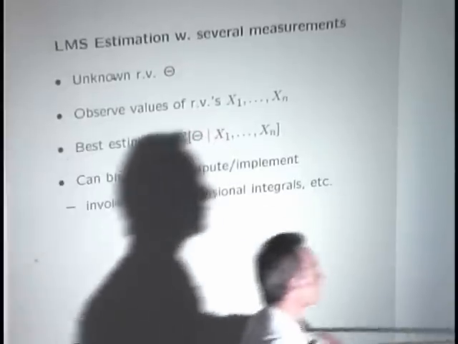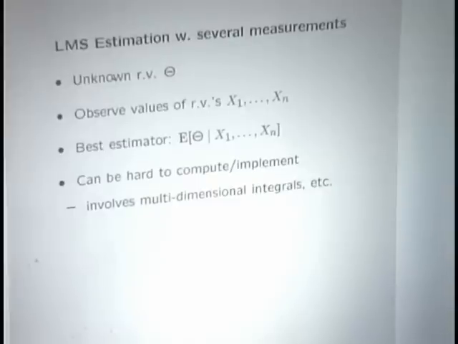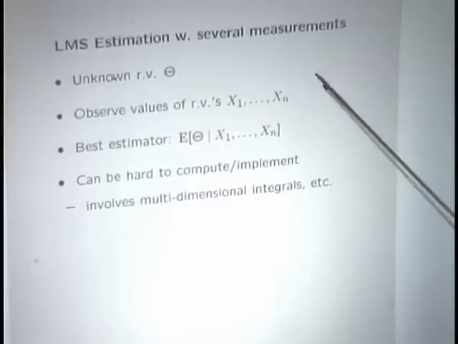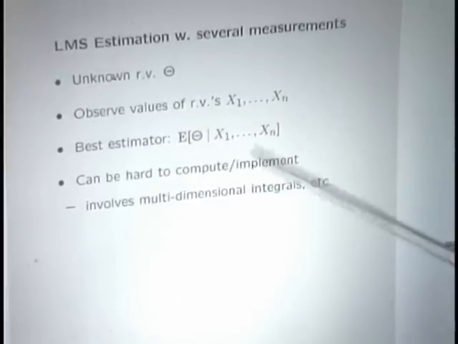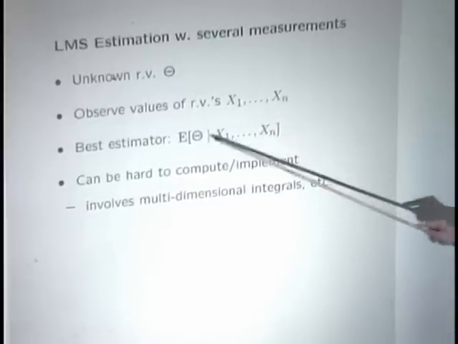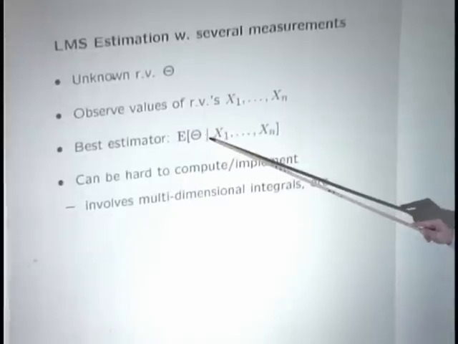I use the notation here as if x was a single random variable. In real life, you get several data. Does our story change? Not really. Same argument. Given all the data that you have observed, you should still report the conditional expectation of theta.